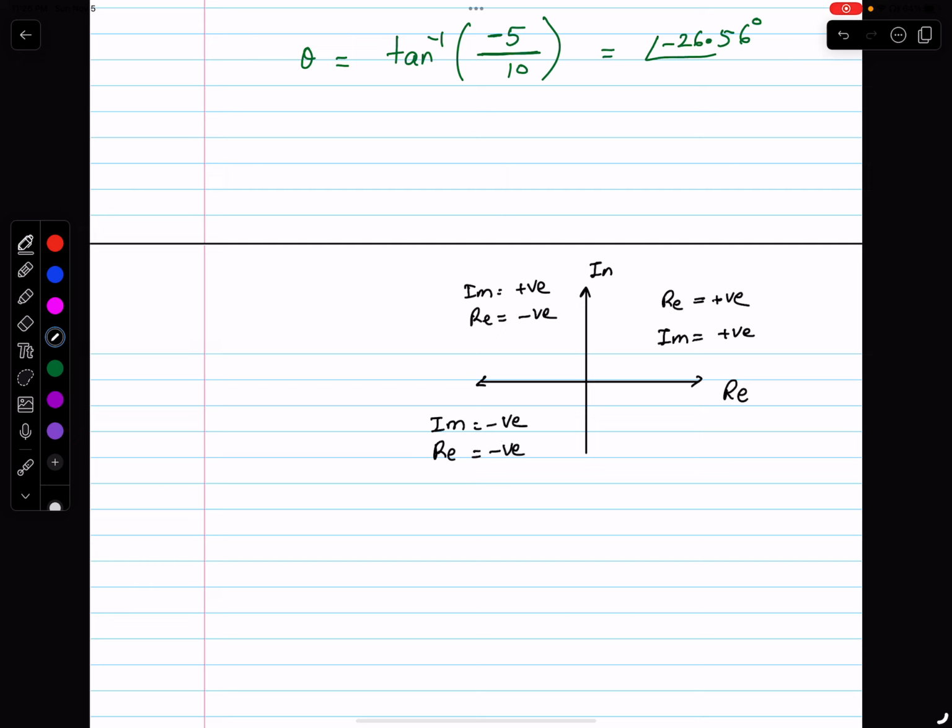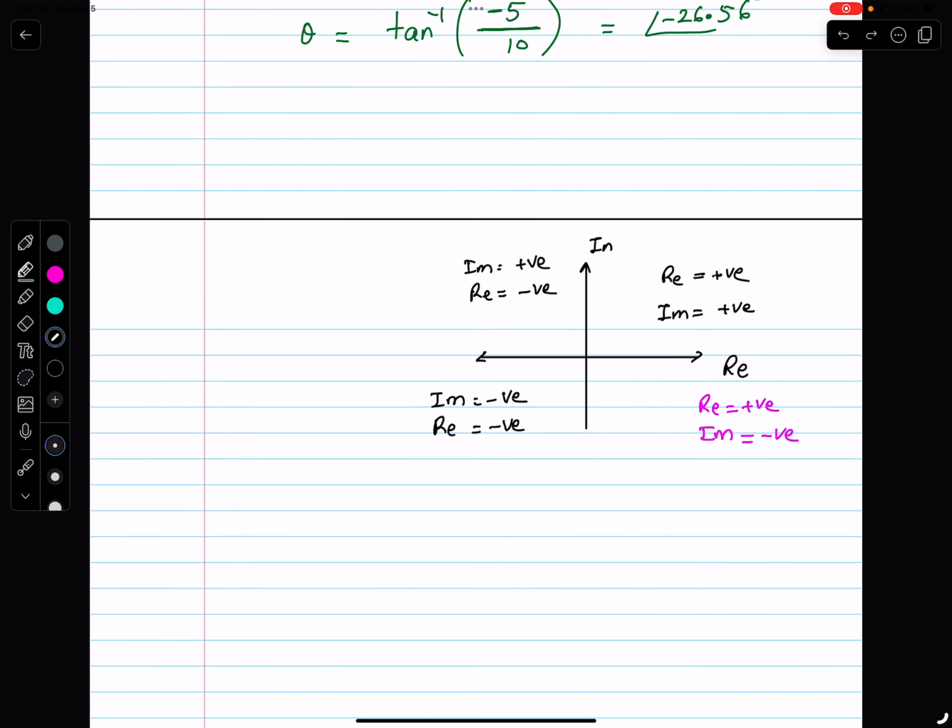And on this side, right here, the real part is positive, and the imaginary part is negative, because it is below the x-axis; all of the values of y are negative. You see what I'm saying? It's a very delicate but important distinction that we have to note.